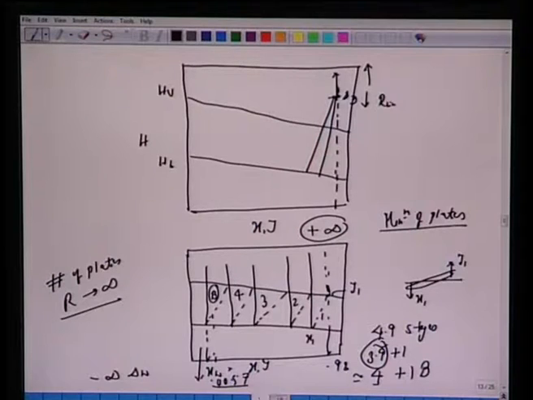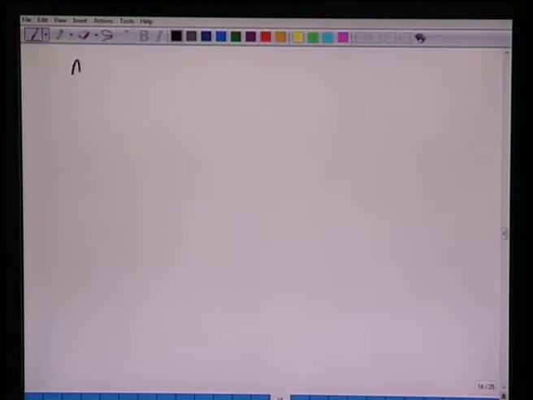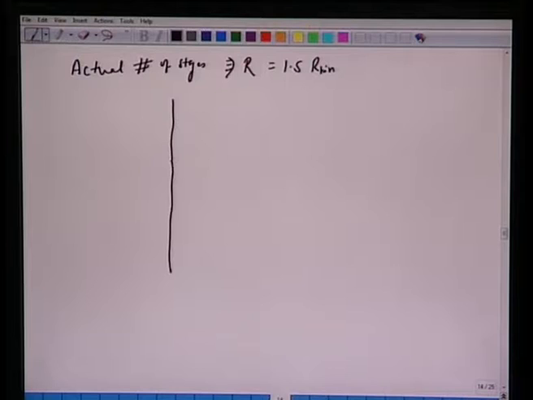And now the last point is the actual number of stages corresponding to R equal to 1.5 times R min, which we have obtained earlier. There again you start from the HXY diagram.